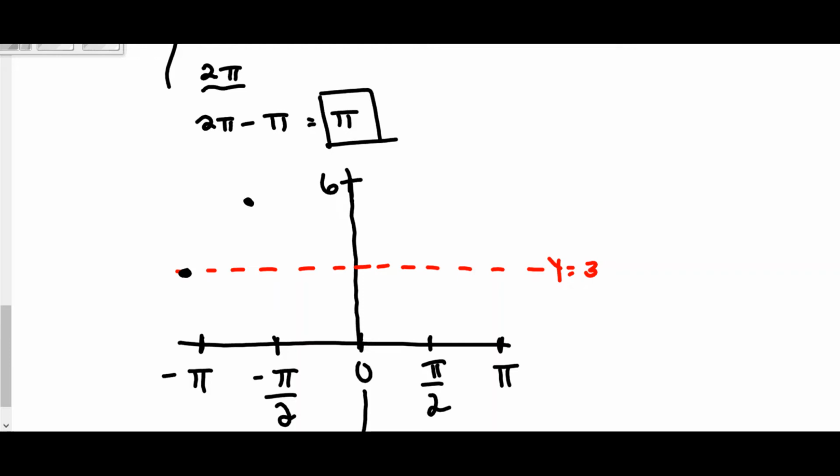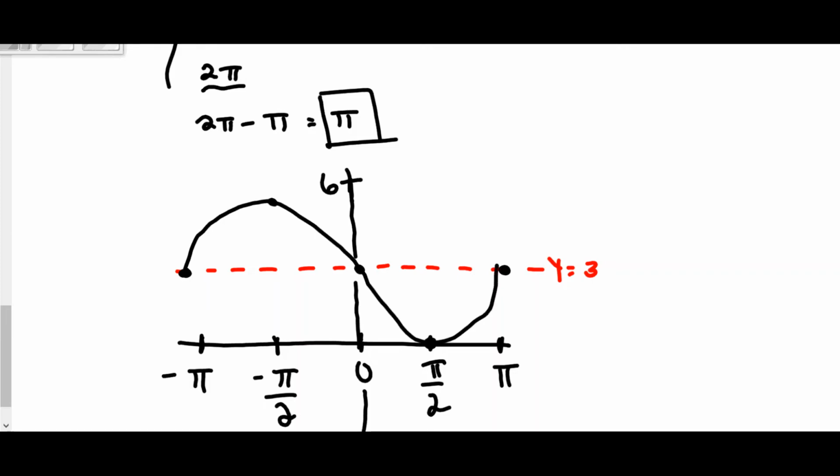Then at pi, or at 0, because we shifted, it goes to our 0, our midline again. And then at 3 pi over 2, or in this case pi over 2, it goes all the way down to our minimum value, and then we end at our midline again. And then we trace it. So there's our sine graph.